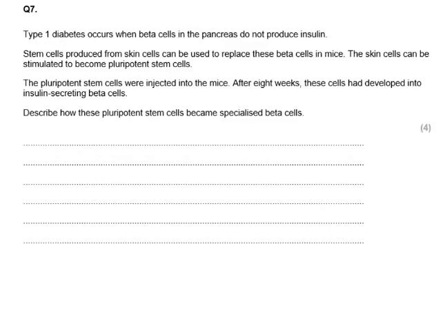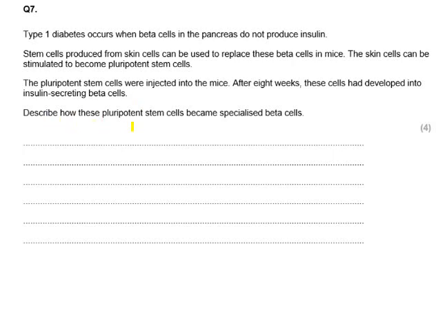Question 7 was one that was generally not answered well. Type 1 diabetes occurs when beta cells in the pancreas do not produce insulin. Same scenario as we've seen before. The pluripotent stem cells were injected into the mice. After 8 weeks, these cells had developed into insulin-secreting beta cells. So we've gone from an undifferentiated cell into one that now has a particular function, one that is differentiated.